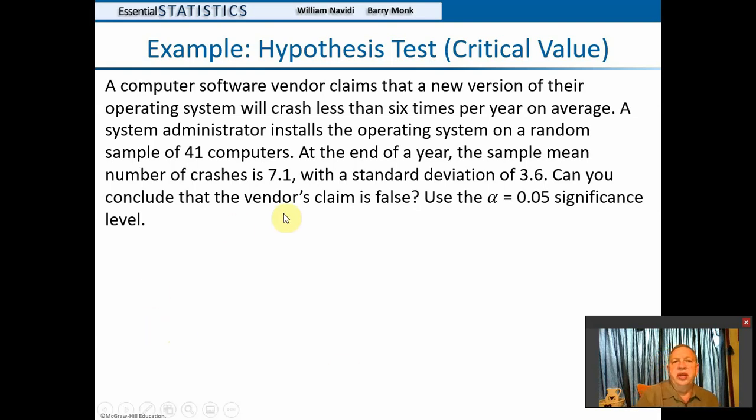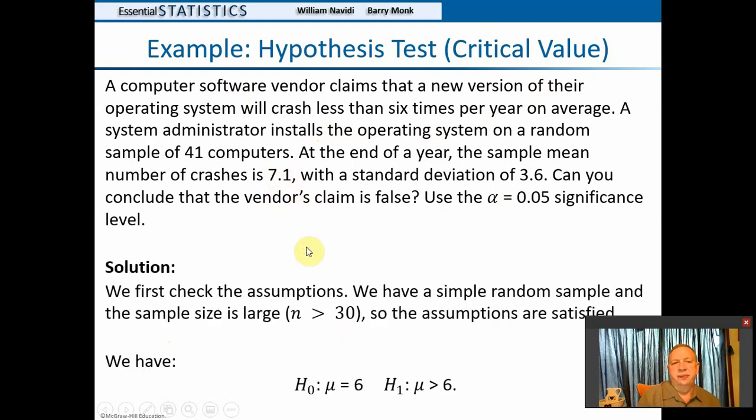They claim that it's less than 6 times per year, and here's the 7.1. We're going to see if it is less than or equal to 6 or greater than 6.